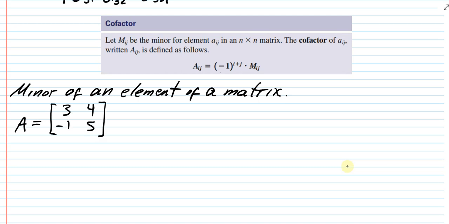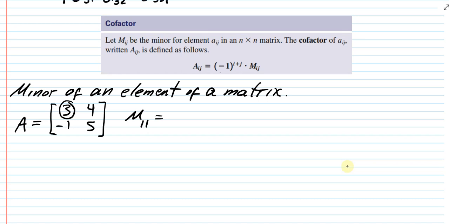Okay, and let's say we want to find the minor of element 3 here. So I want to find M1,1, the minor of the element in the first row, first column, minor of 3. The minor of 3 in this case is the matrix that remains. In this case, it will be just a 5, and I'll show you why.